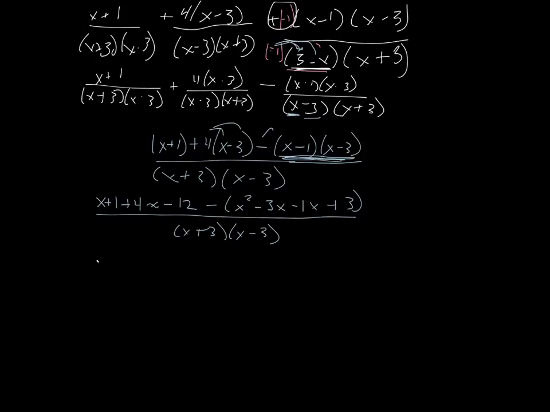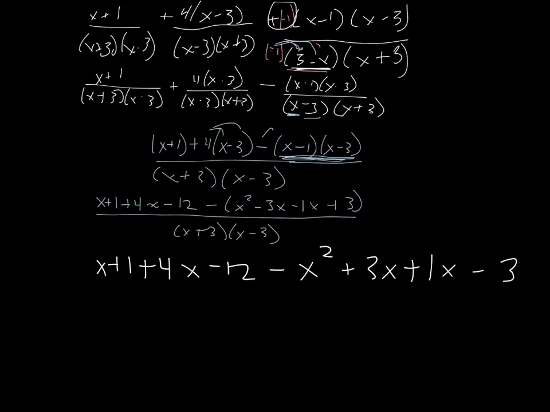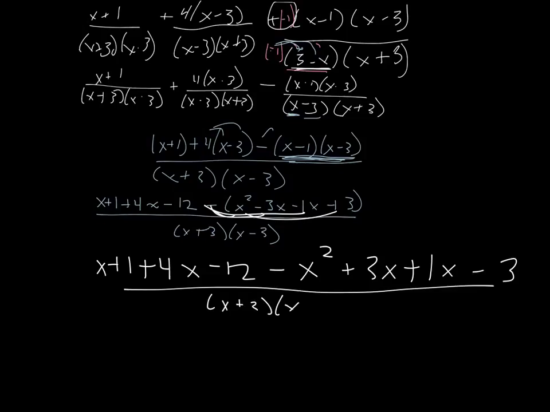So it'll be x plus 1 plus 4x minus 12 minus x squared plus 3x plus 1x minus 3. Did I do that right? Minus x squared plus... yep, that's right. All over common denominator x plus 3, x minus 3.